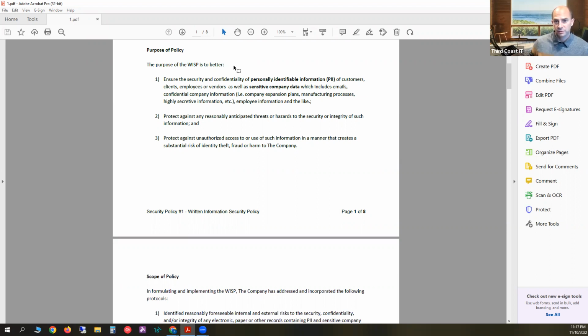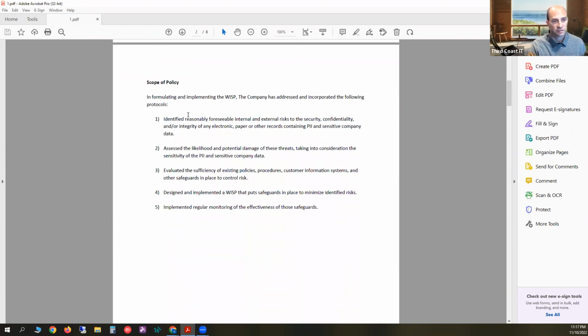So there's very little to do in terms of policies other than just understand them, because those are your goals. But the procedures are actually documents explaining how you're going to get to those goals.